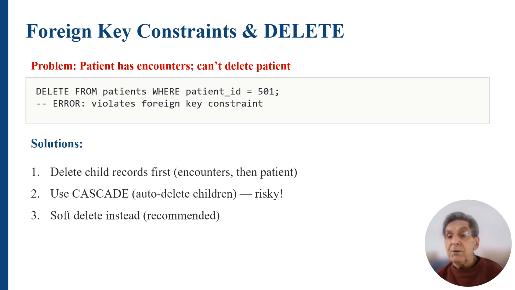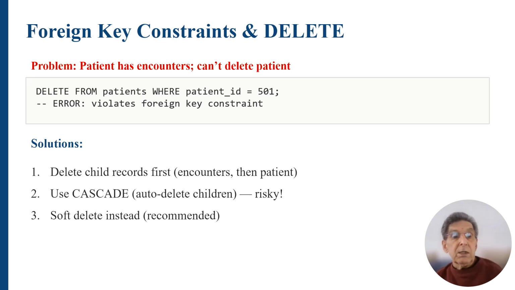The encounters table has a foreign key referencing the patient's table. So if we deleted the patient, those encounters would now be orphaned, pointing to a patient that no longer exists. The database system, Postgres, protects against this referential integrity violation by preventing this.